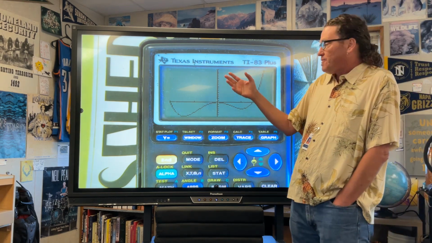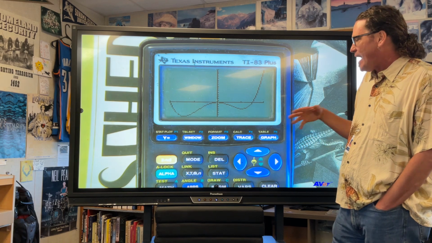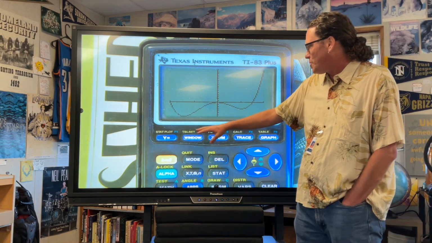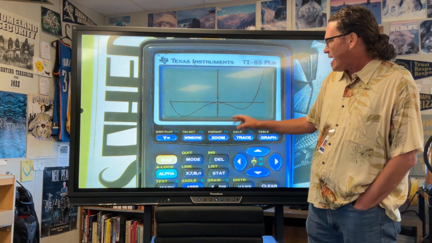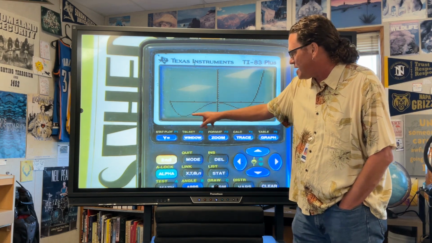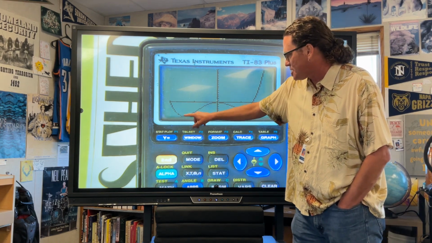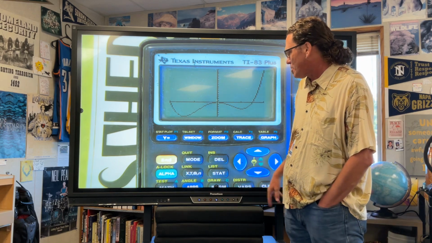Now, sometimes ZoomFit is good, sometimes it really sucks. I oftentimes will go to the window and recalibrate, like this minimum right here. I don't like how close to the bottom it is, so I want a little more breathing room there.